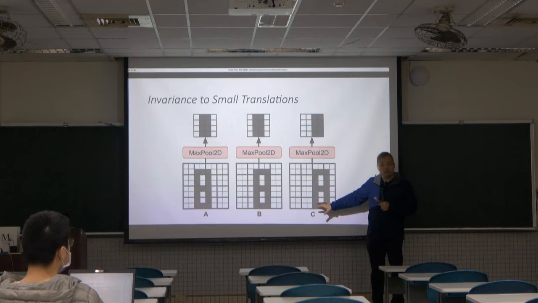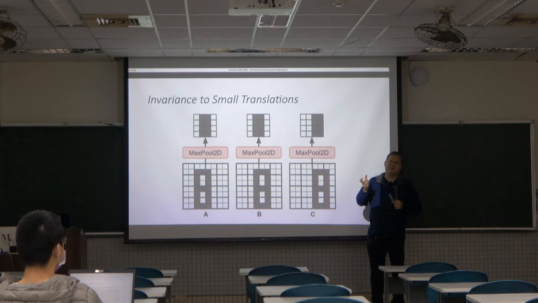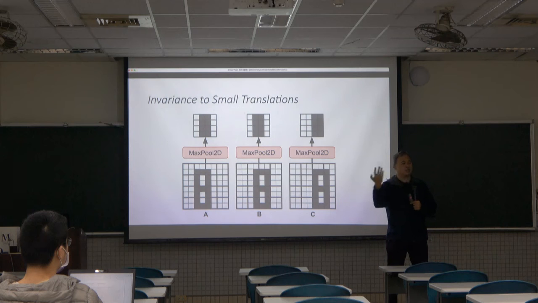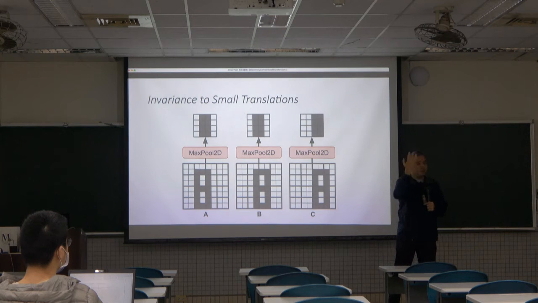This is what we call a small translation. You understand what we mean by translation, right? Translation in Chinese is 平移. It could move in any direction, but without changing the angle.